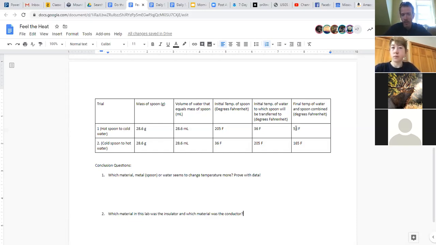And we're going to discuss these conclusions on Thursday like we would in a normal class setting, where you get a chance to answer them. But I'm going to caution you not to turn this in, because if you turn something in, you're telling me that I'm ready for this to be graded. I'm going to caution you to not turn this in until after Thursday's live lesson, because we're going to discuss these, look at the data, maybe share some answers, ask questions, all that stuff.